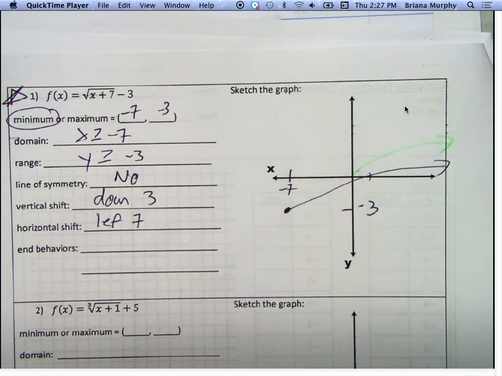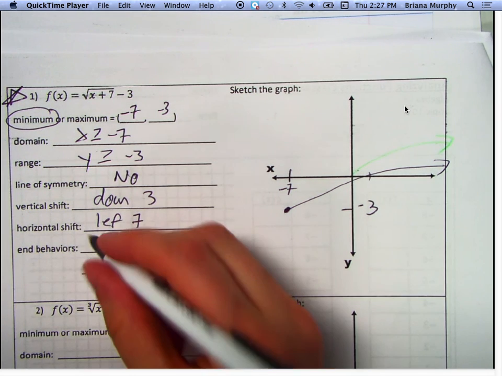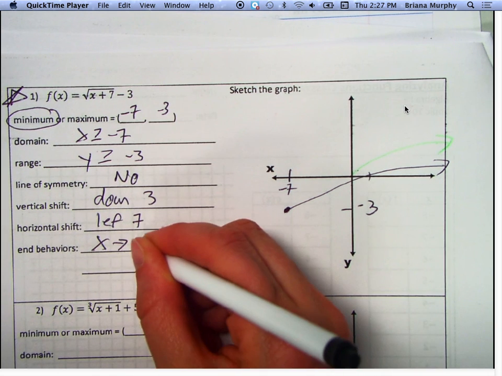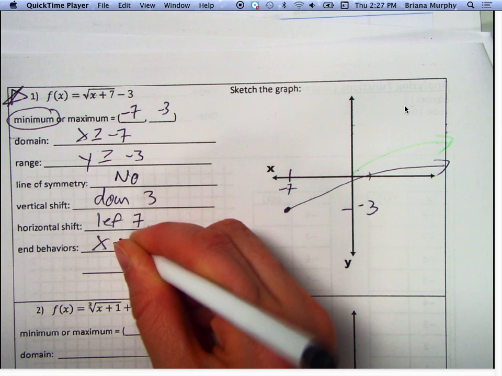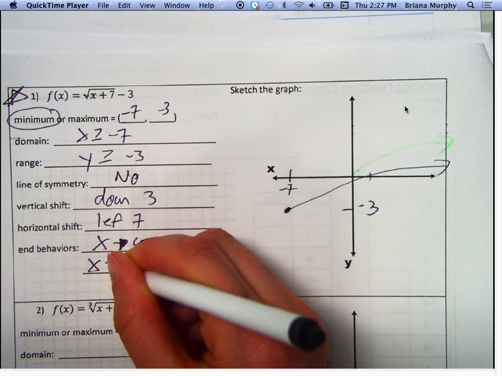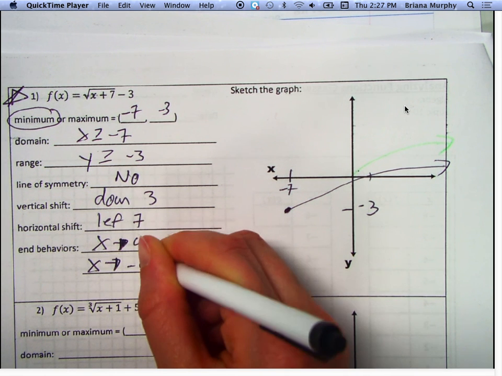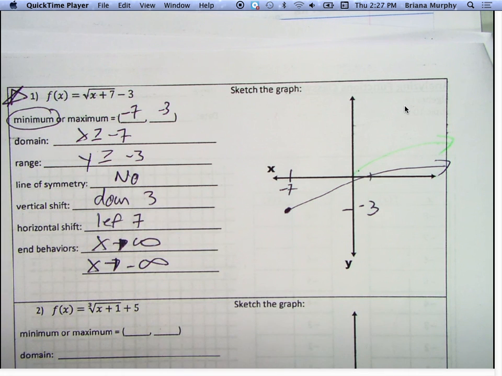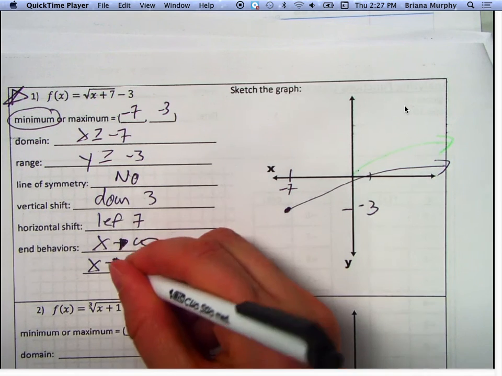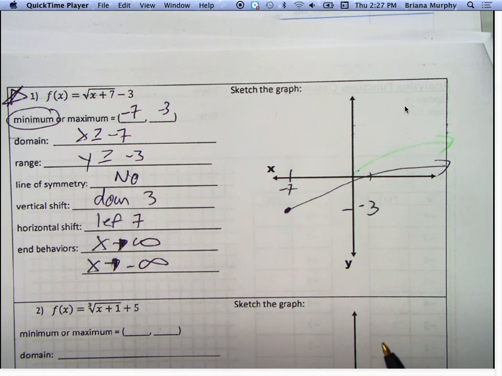Okay, let's talk about end behaviors. X approaches infinity. X approaches negative infinity. Wait, now why negative? It only goes one way, so then we can say it doesn't exist, right?